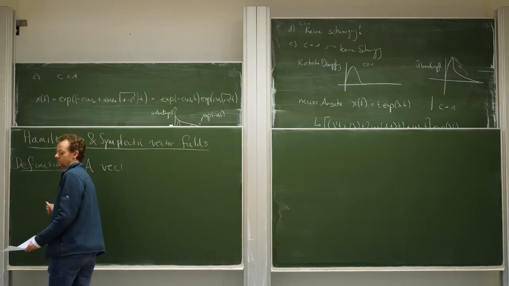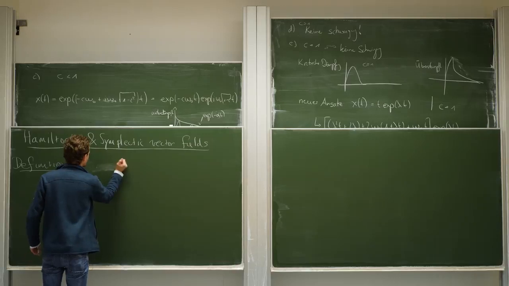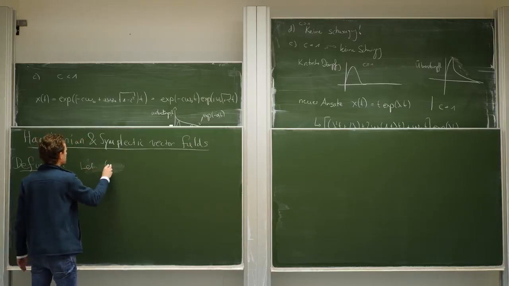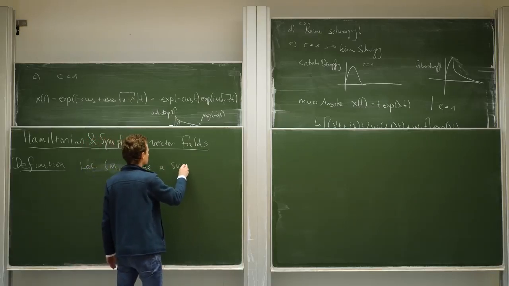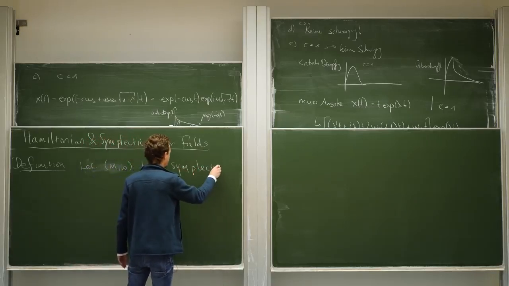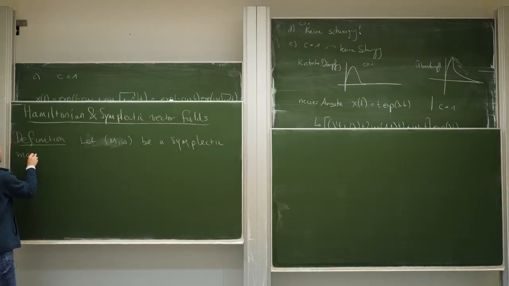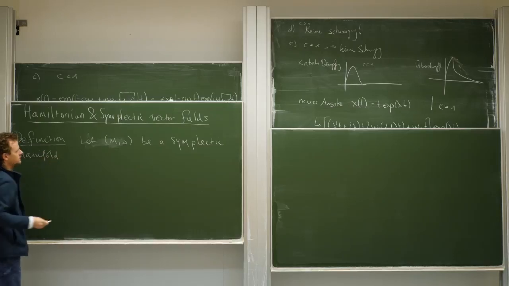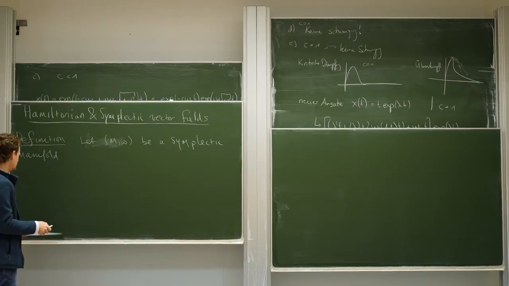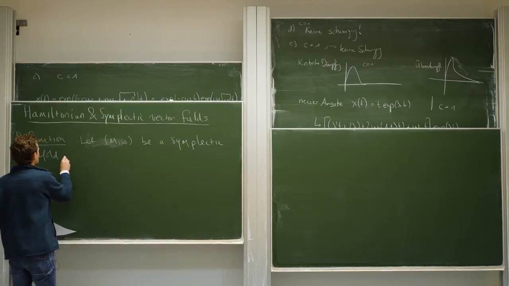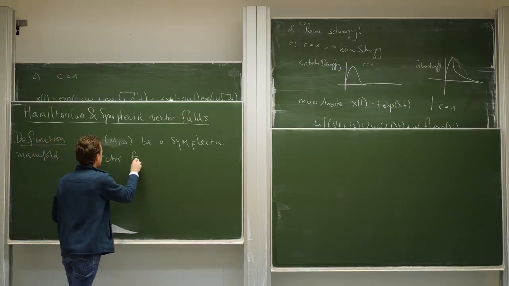So suppose we have some symplectic manifold. We have some even dimensional manifold and some symplectic form omega. Then, well, it's a manifold, and we can talk about vector fields on the manifold.